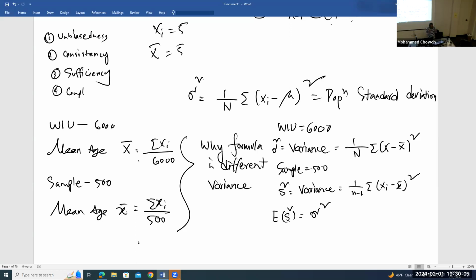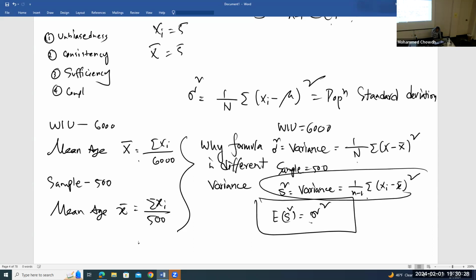Maybe next time I will give you a more concrete, more realistic example. Right now it is not coming to my head. Something obscure is coming, but I don't want to write that. I will give you a clearer example, okay? But the main point is that S square is the unbiased estimator. The sample variance formula is the unbiased estimator of the population variance.